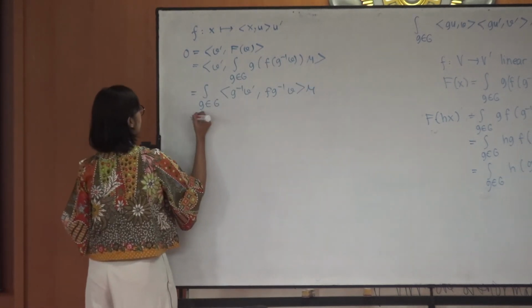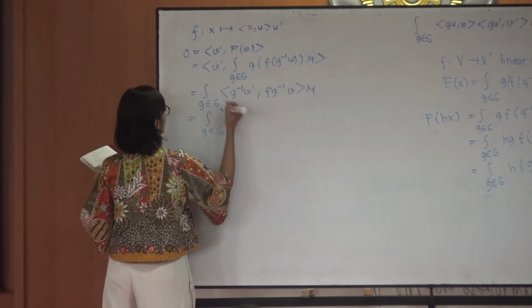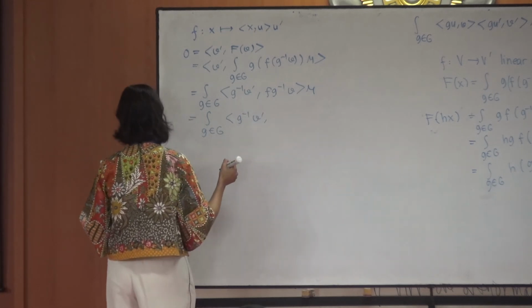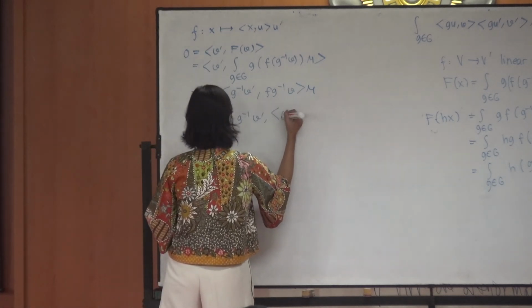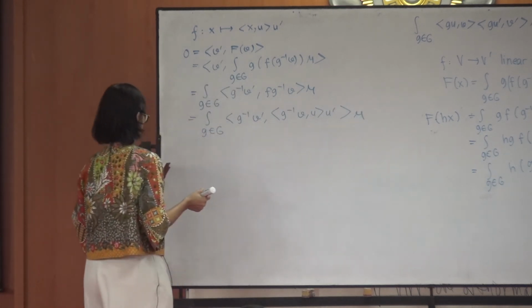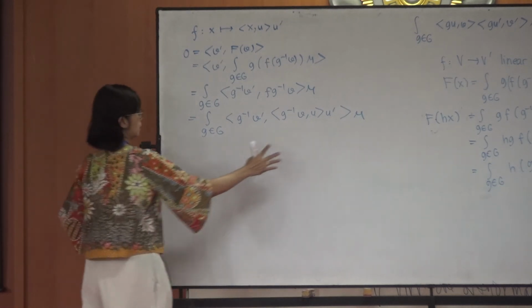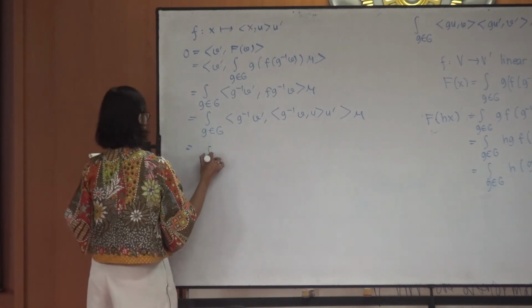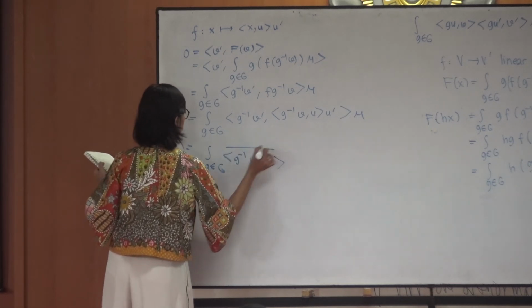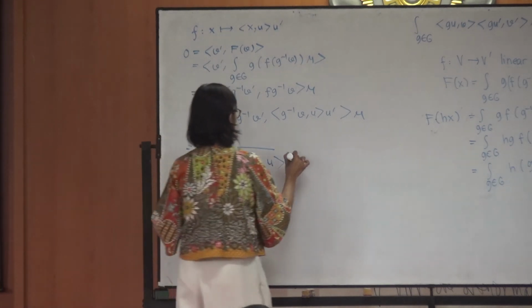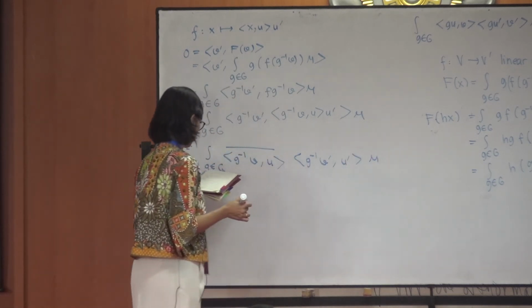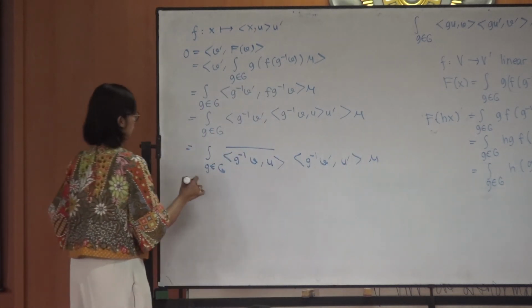And when you change F with this, you can take this out, and multiply again with g.